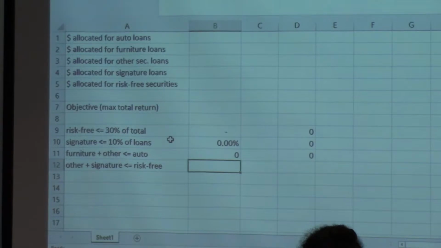Again, this one's going to be pretty easy because we can just add those first two and then subtract the third to move it to the left-hand side. So other is B3, signature is B4, and risk-free is B5.